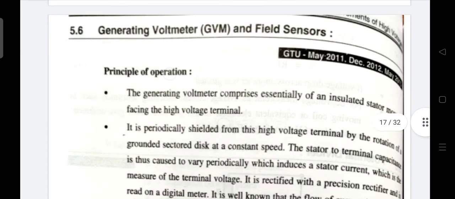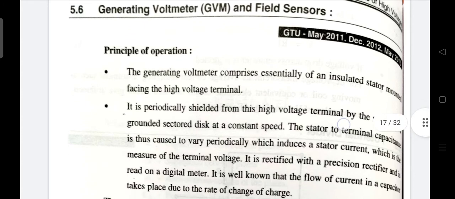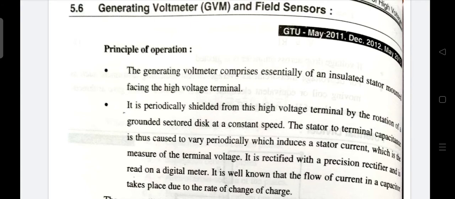Now another method is the generating voltmeter and field sensor. We can also say GVM. So what is the principle of this type of measurement? The generating voltmeter comprises essentially an insulated stator mounted facing the high voltage terminal.